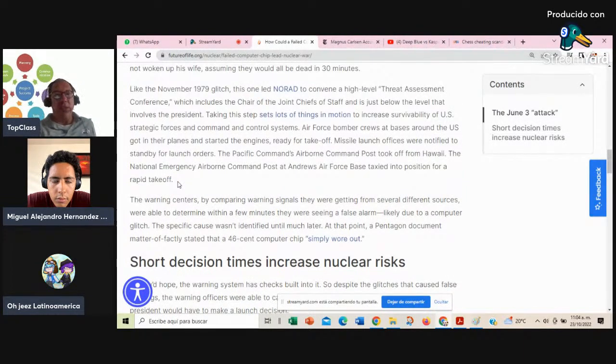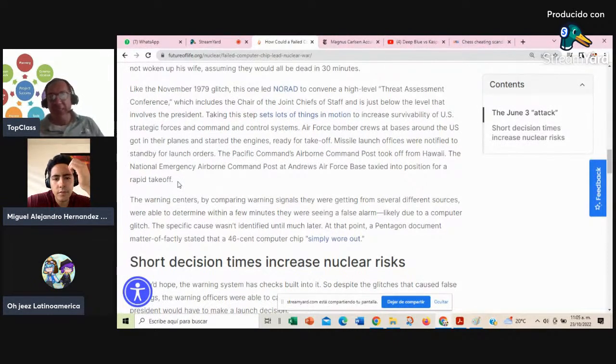So imagine the US system is able to detect in less than 6 minutes if there was a missile launched 10,000 kilometers away, they detect that in 2 minutes. And they couldn't detect 5 airplanes flying in New York for 1 hour. Okay, come on, right?